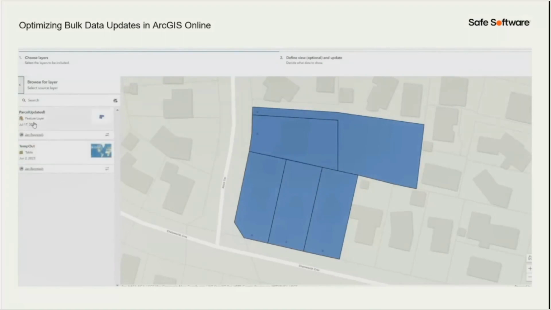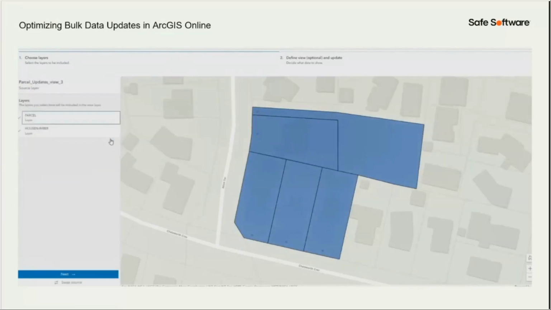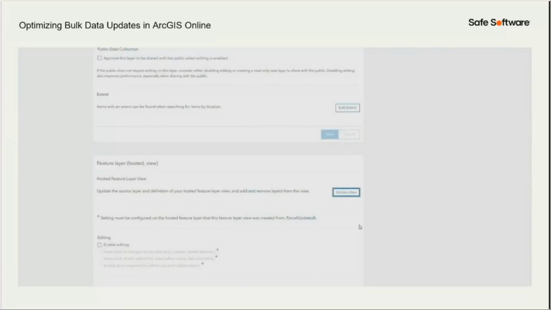In this case, parcel updates B. Once the new service has been selected, ArcGIS Online goes away and makes the change. This usually only takes a few seconds. When the process is finished, we can go back to the view settings page and confirm that the data source has been changed to parcel updates B.